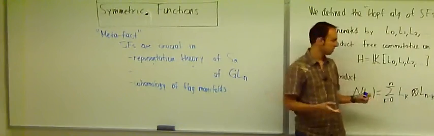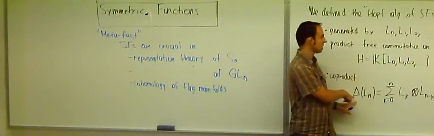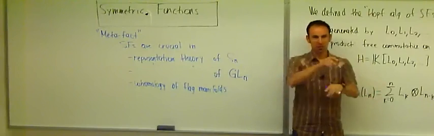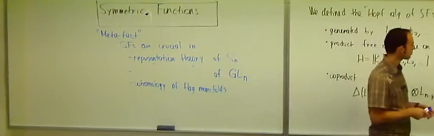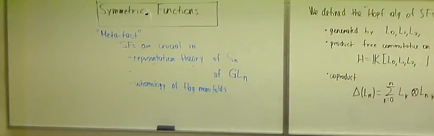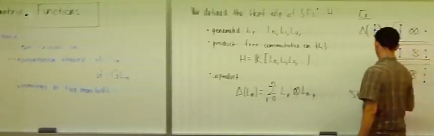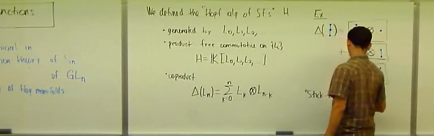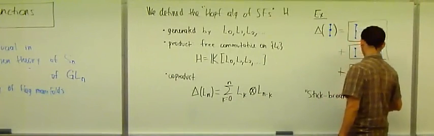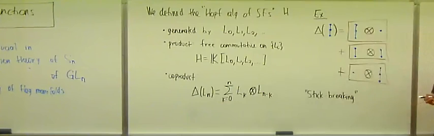Okay? That's the coproduct is breaking the sticks, and the product is just kind of putting them side by side. Okay, so maybe it makes sense to call this the Hopf algebra of stick breaking or breaking sticks.